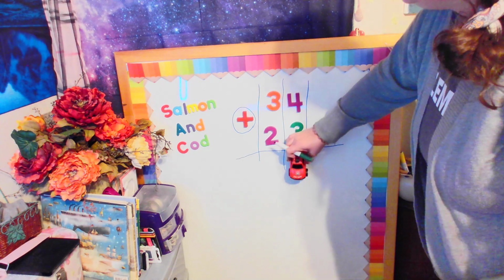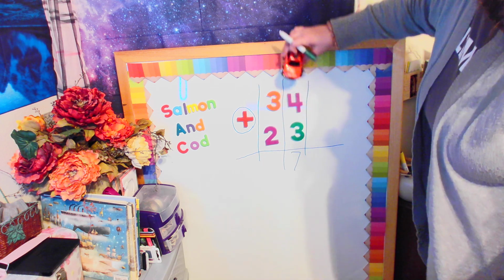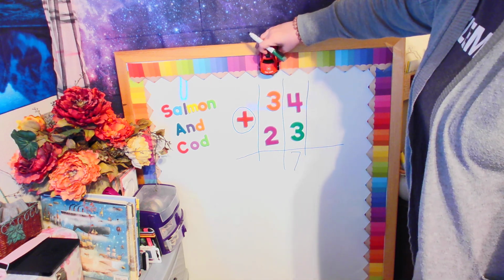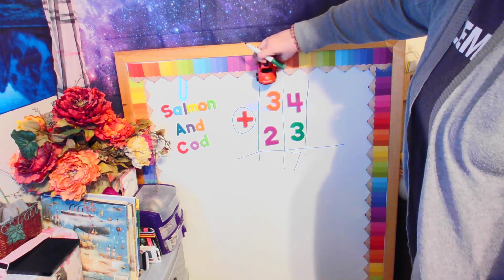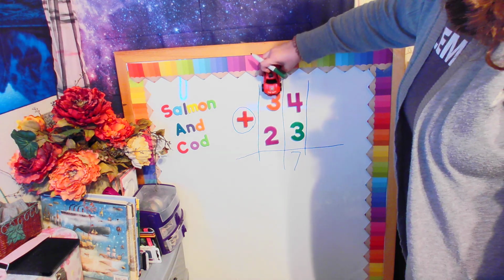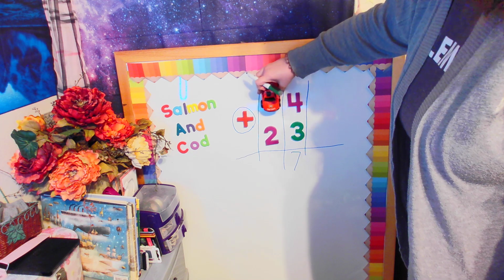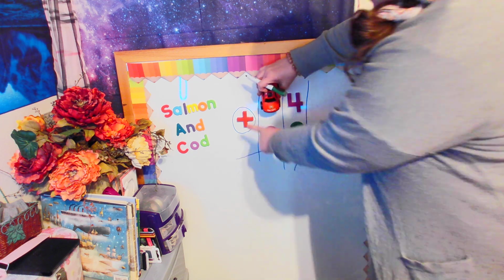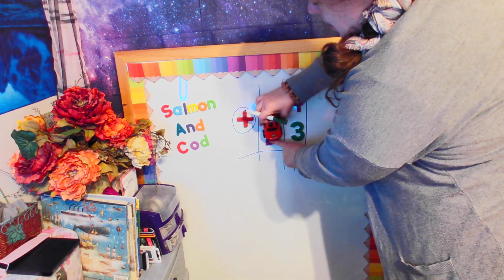Okay? Now this little car, he's got to go back up to the top, and he's got to start in the next lane. Ready? He's going to zoom down this highway now. This is where he goes. So we're going to go down, and he sees the number 3. Okay, this little car has a number 3. Now this says to add 2 to that 3.